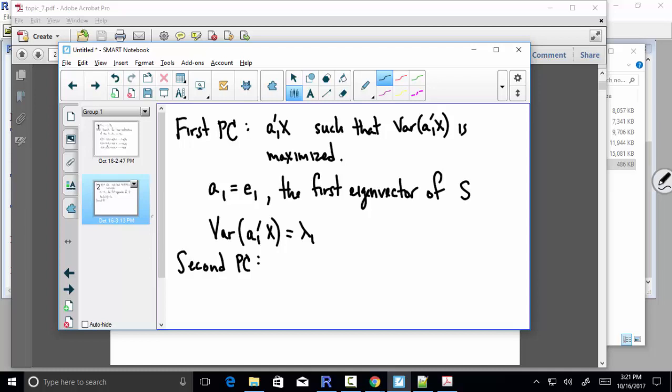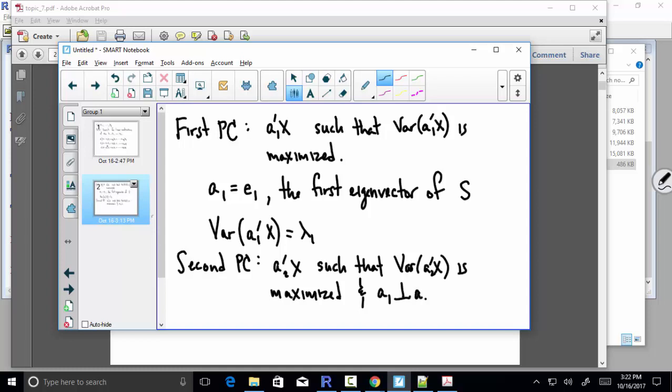So the second principal component, we'll call it A2 transpose X. We pick A2 such that the variance of A2 transpose X is maximized and A1 is perpendicular to A2.